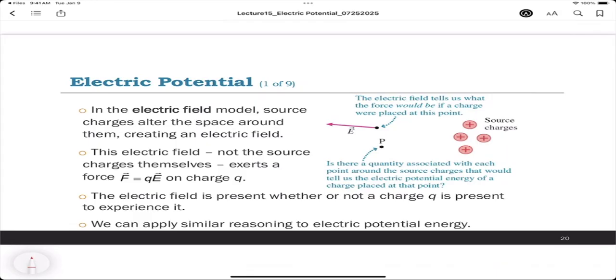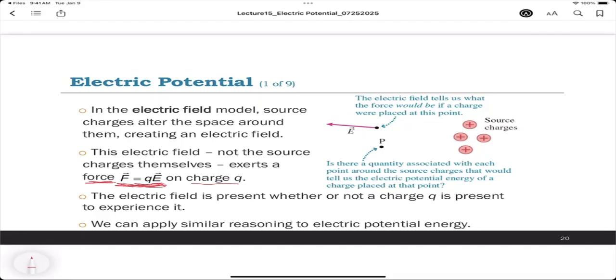This is what we learned in the last class. This electric field, not the source charges themselves, exerts a force on charge Q. This is the equation we learned in the last class: if there is an electric field E, and a charge Q in this field, there will be an electric force F equals QE, and you can use this equation to calculate it.